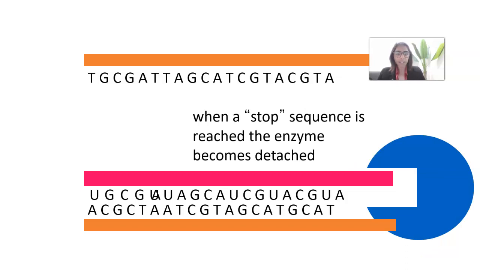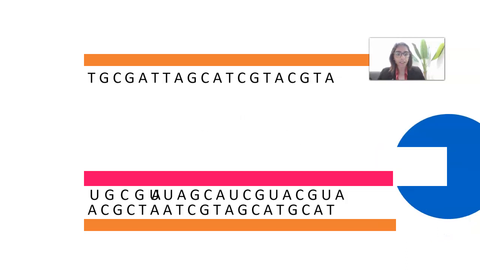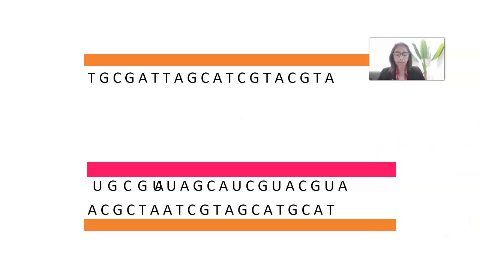Eventually, the RNA polymerase enzyme will stop, and this will send a signal to the mRNA nucleotides to stop being added to the gene sequence. At that point, RNA polymerase will detach and move away.